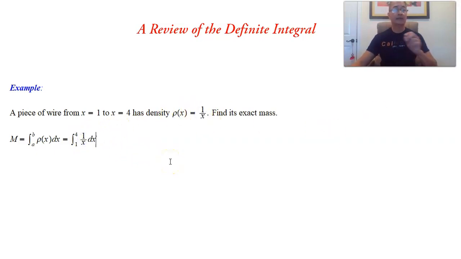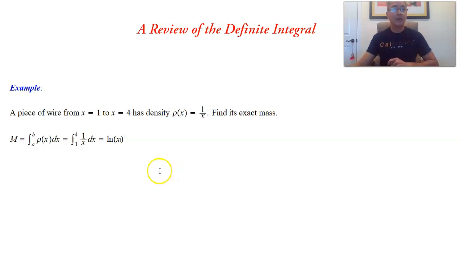1 over x dx. If I were in the classroom, I would ask you all, does anyone remember an antiderivative for 1 over x? And I hope you don't disappoint me. That antiderivative is ln of x.